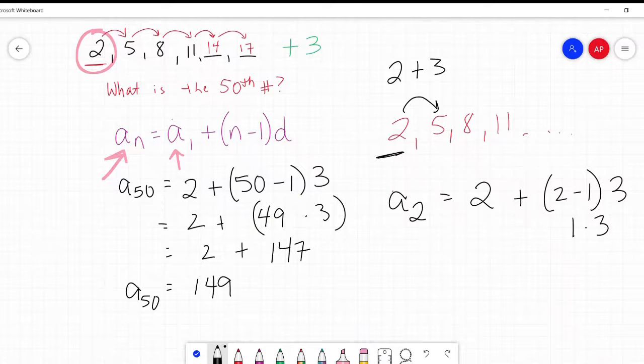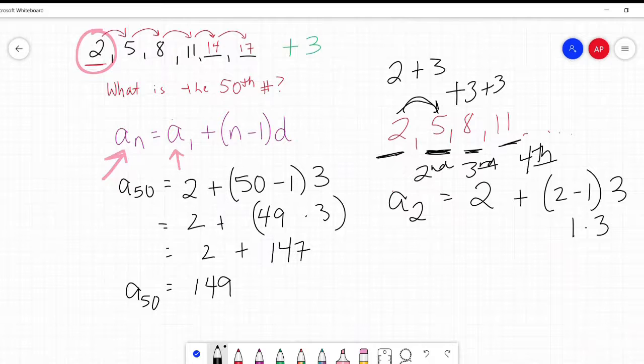To get from the first term to the second term, I add 3 one time. To get to the third term, I add 3 two times. To get to the fourth term, I add 3 three times. See the pattern? Second term, I add it once. Third term, I add it twice. Fourth term, I add it 3 times.